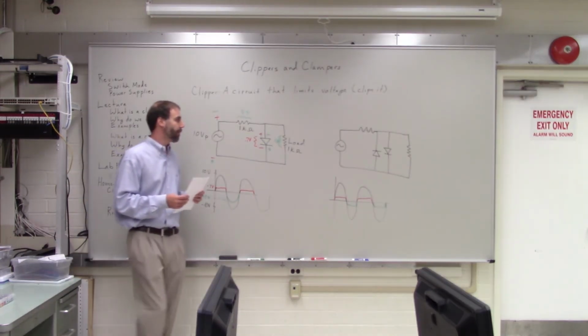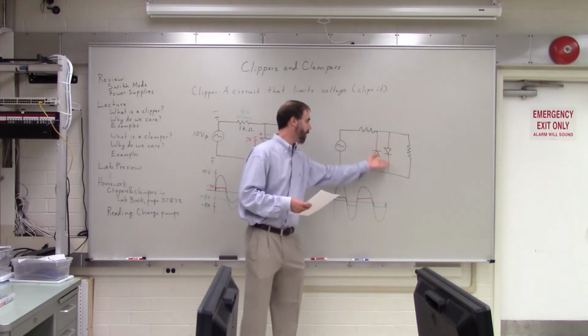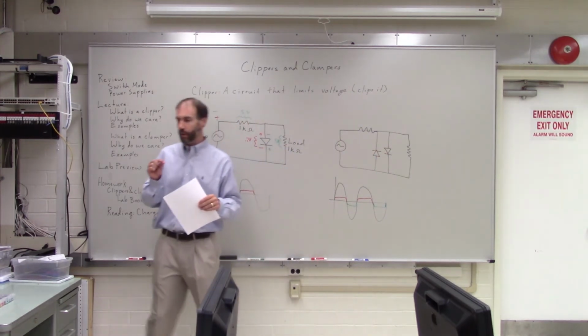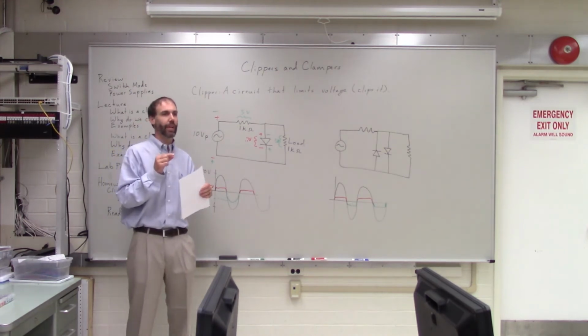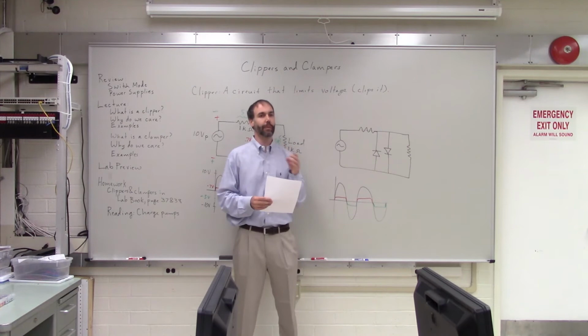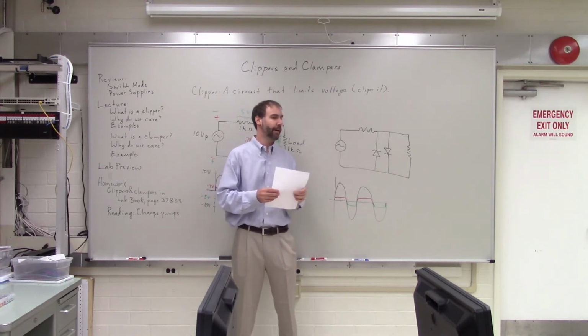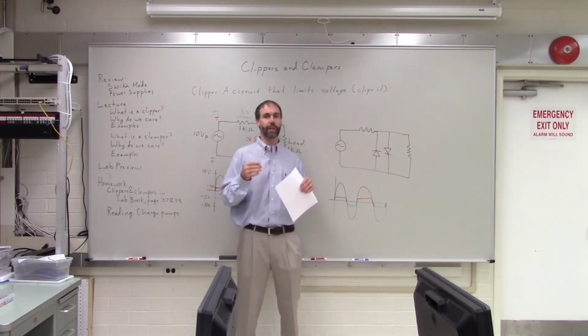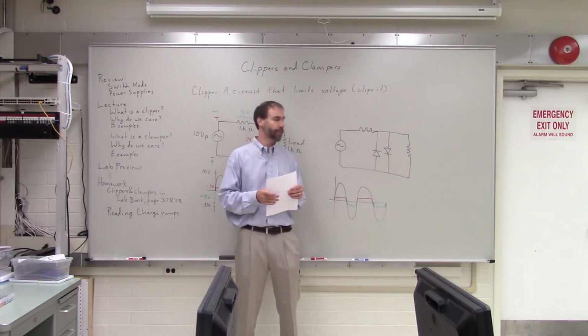In fact, this type of circuit is often used to protect radios, because radios have very, very big amplifiers inside them. They're expecting very, very tiny incoming signals. So they have amplifiers that really increase those signals. If they got a big signal coming in, those amplifiers could get destroyed.